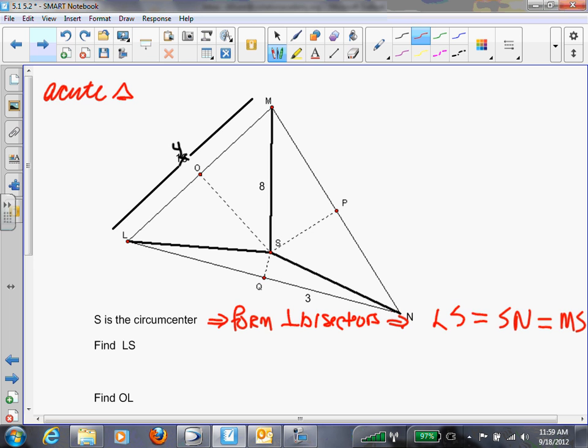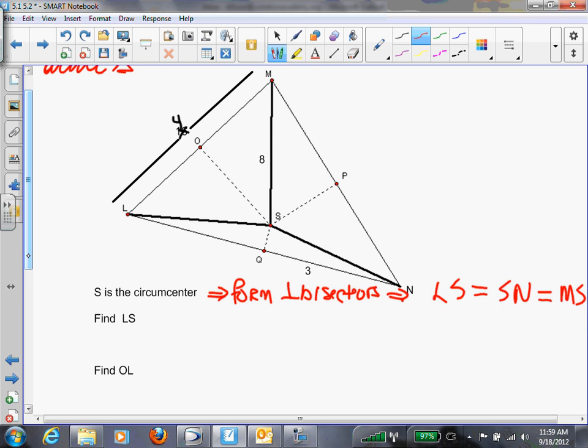Okay? If I'm telling you S is the circumcenter, I'm telling you that these are right angles. That's what a circumcenter means. If I'm telling you you have a circumcenter, these lengths are all congruent.